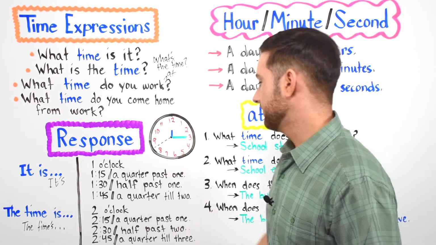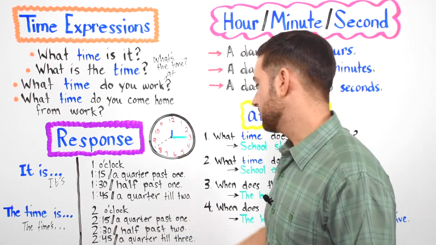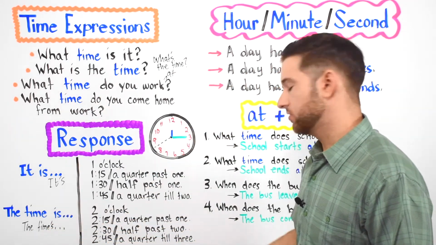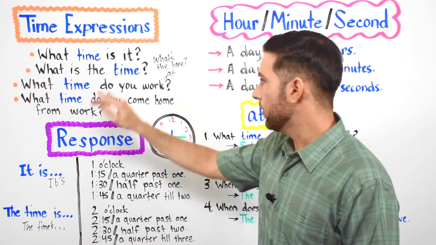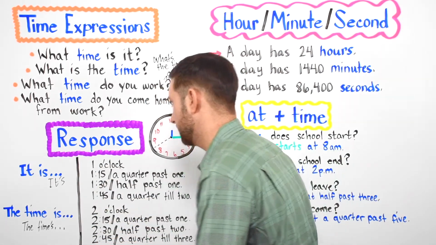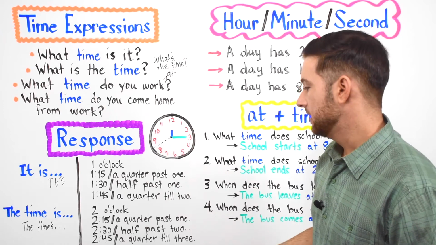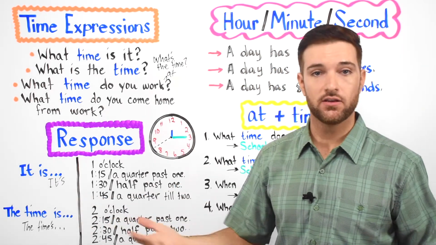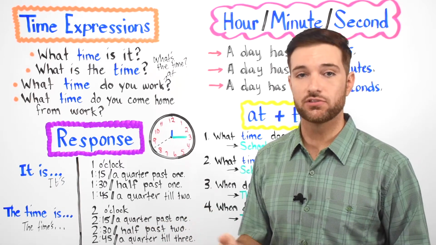What time is it? It's 2:30. What time is it? The time's 2:30. What time is it? It is 2:45. Or the time is 2:45. It's almost 3.